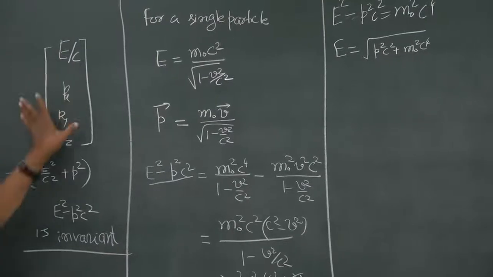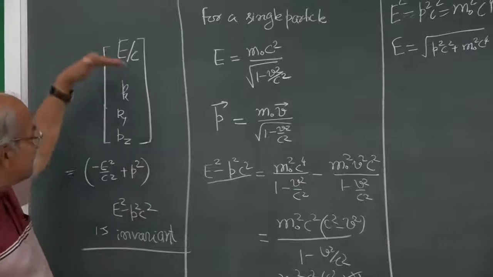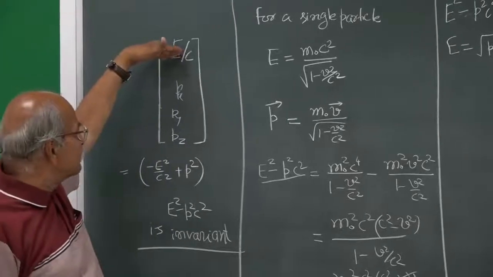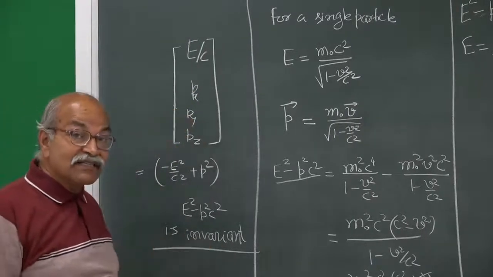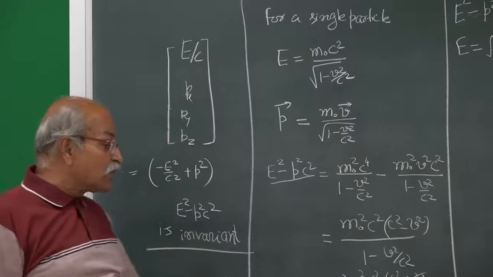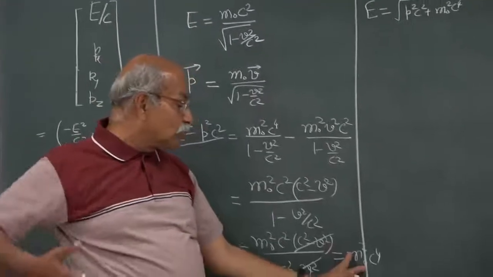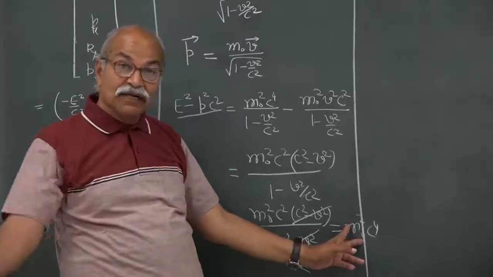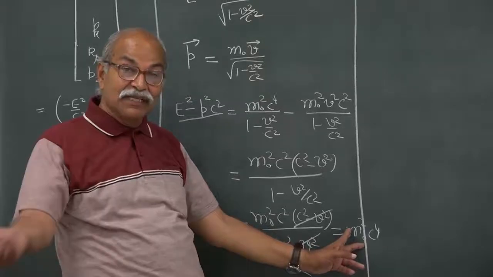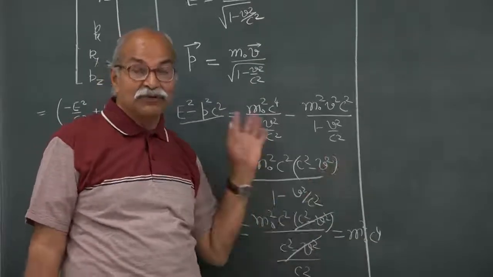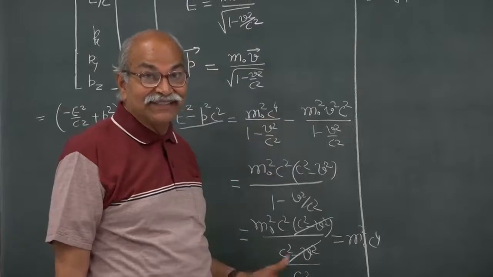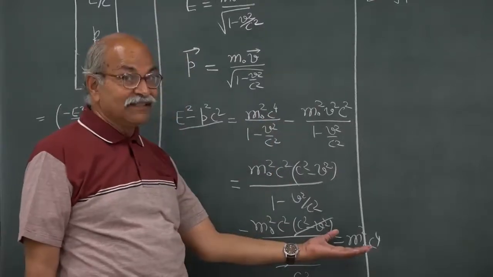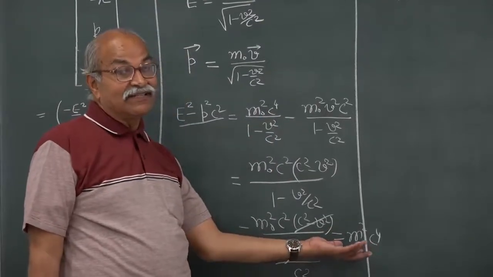If you write these, it is still a 4-vector, and again minus this square plus this square plus this square plus this square will remain invariant. But it will not be something like the total rest mass of the two particles, m naught 1 plus m naught 2, squared, c to the power 4. That is not guaranteed, that is not the case. But whatever it is, it will remain invariant.